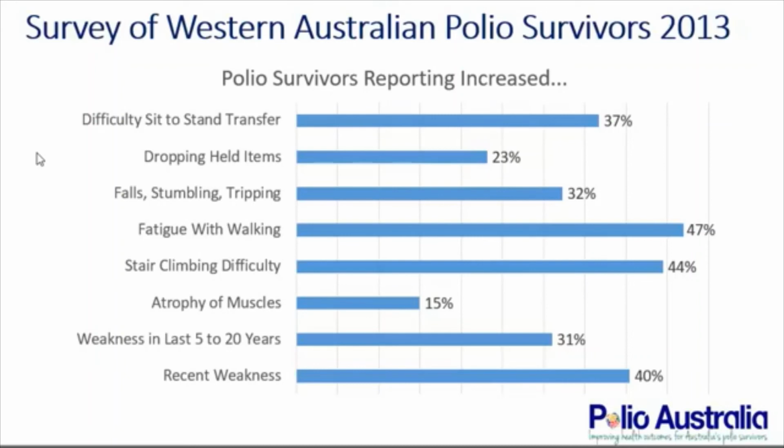But those symptoms that clearly affect function and quality of life are the ones we should start addressing. This also gives us some clues for physical assessment and how we look, particularly from the allied health perspective, with a polio survivor, at what kind of tests we should run with them.